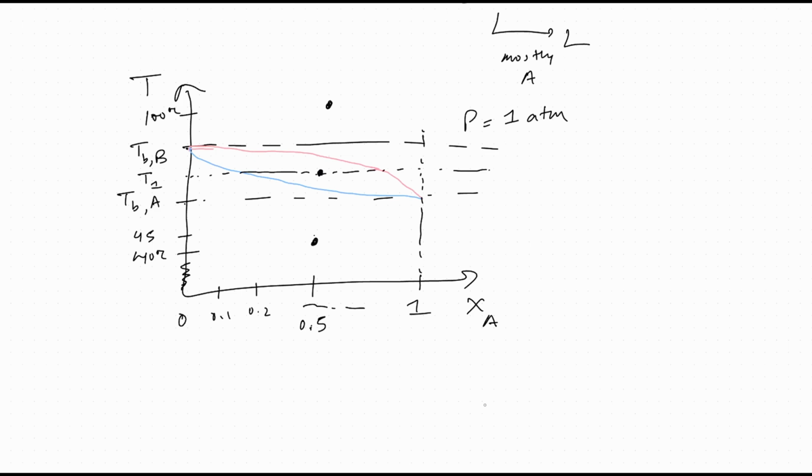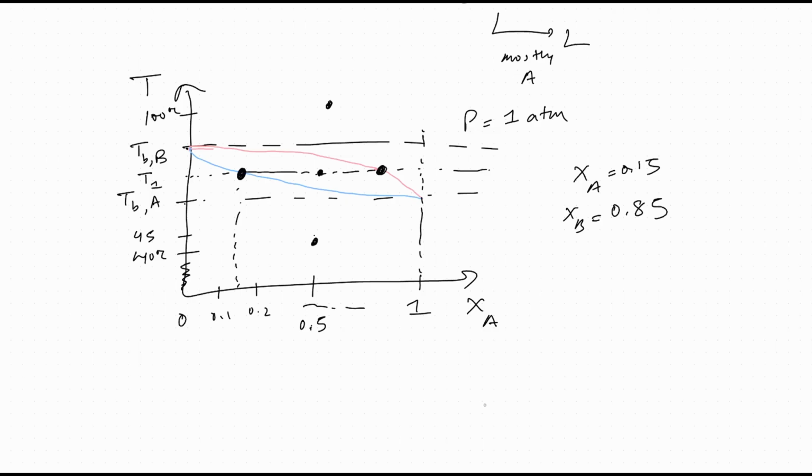And the question is, what is the composition? Well, we can go across this line and actually look at where those points intersect. So we can see that the liquid phase, in this case, we can say that's around 0.15. So we can say that in the liquid phase, we have xA equal to 0.15, xB equal to 1 minus that, or 0.85.